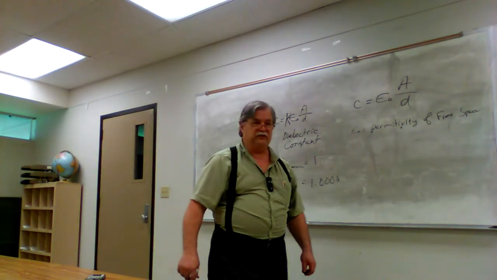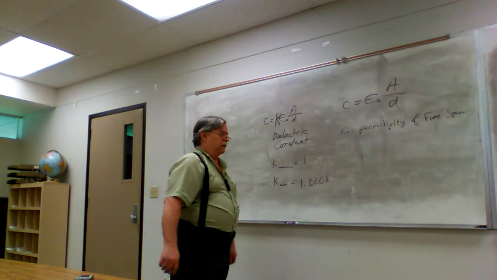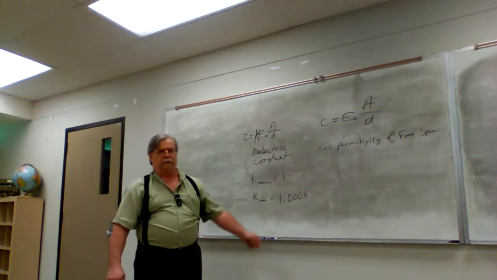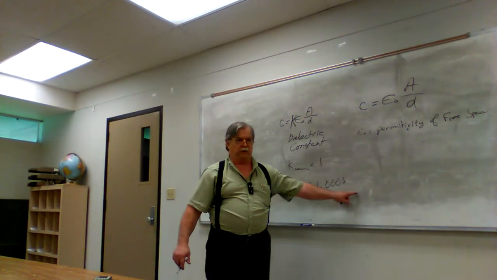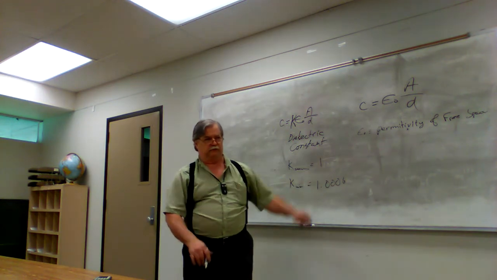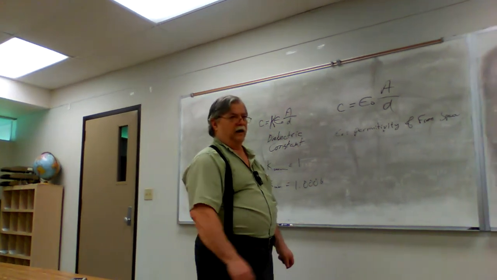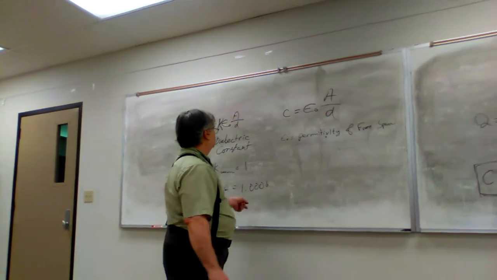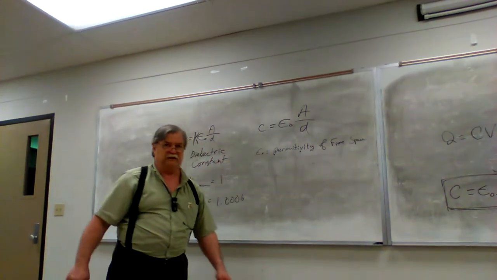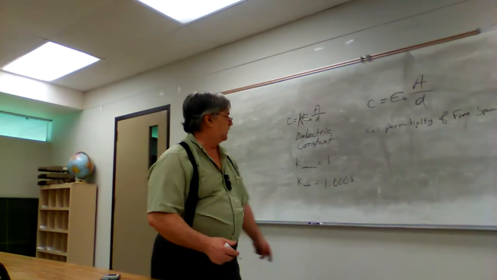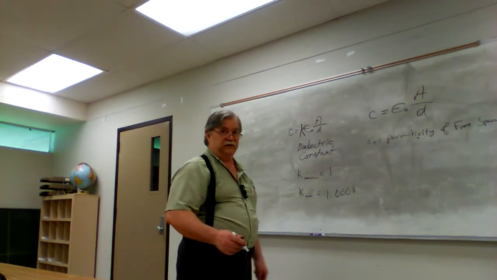Yeah, three zeros and a 6. So we don't really care about this decimal place. For an air gap, we'll just consider the permittivity of free space. It's not likely we're going to be taking anything out to 5 significant digits anyway.